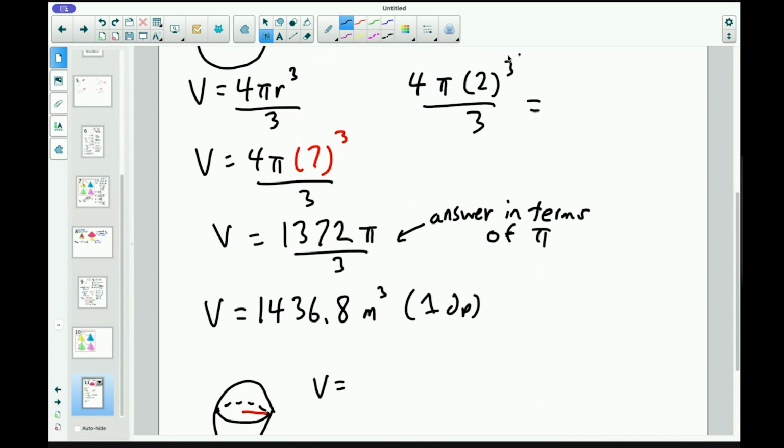So this would be 8. This portion's 8 times 4, which is 32 pi over 3. And this would be meters cubed. And that's why you need to understand that sometimes they'll ask you for things in terms of pi. Hopefully that makes sense, right? Because you can definitely do 2 cubed times 4 over 3 and just leave it as a fraction in terms of pi.